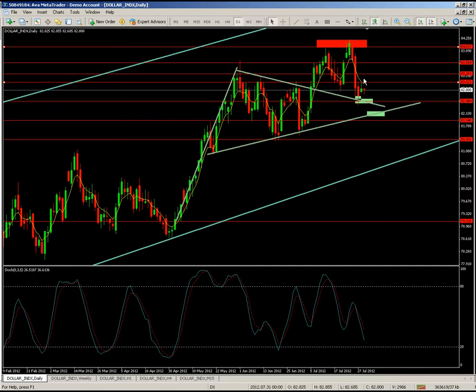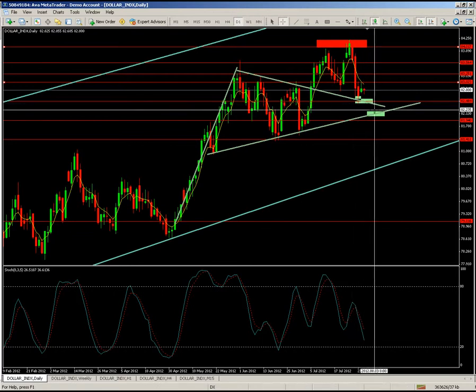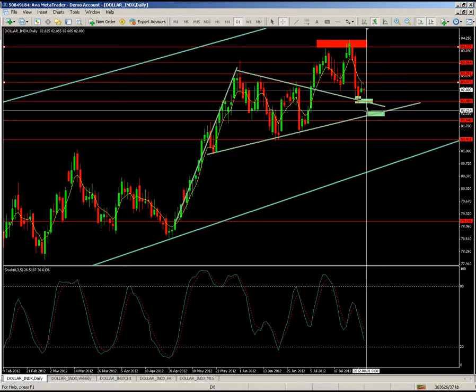And what I would like to see today is a push down again into this zone to either make a lower low, so a low lower than this 82.35 low from the bottom here, which would also retest the pennant.